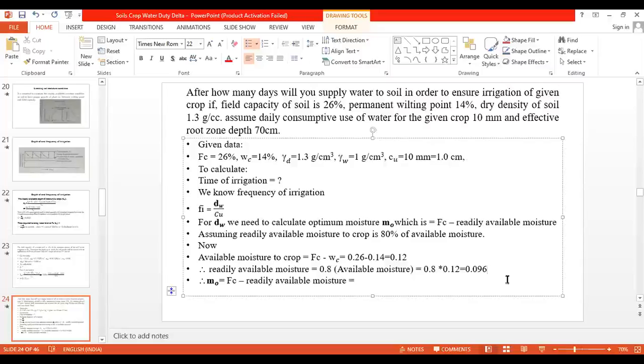Just check whether it is correct or wrong. Just check the answers. Readily available moisture, how does it have to be?